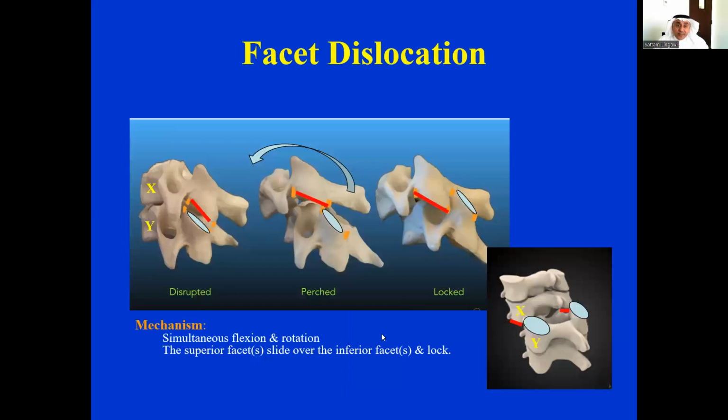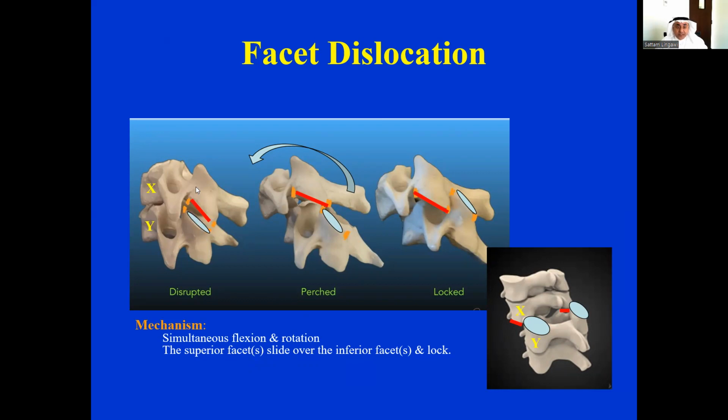The next category is the facet dislocation. Facet subluxation and dislocation is a continuum. Usually, the inferior articular surface of the facet of the vertebra above covers completely the superior articular surface of the vertebra below.